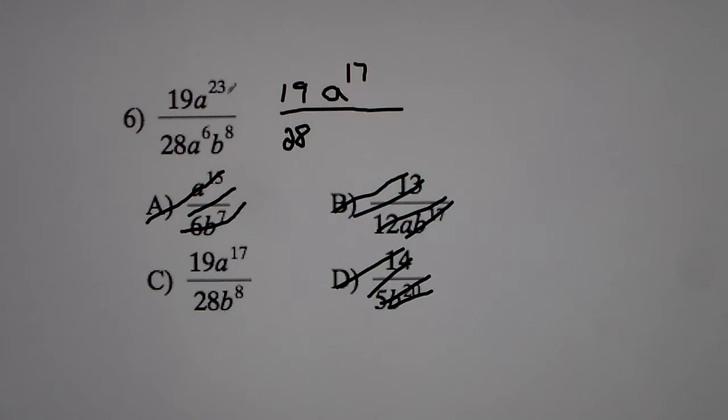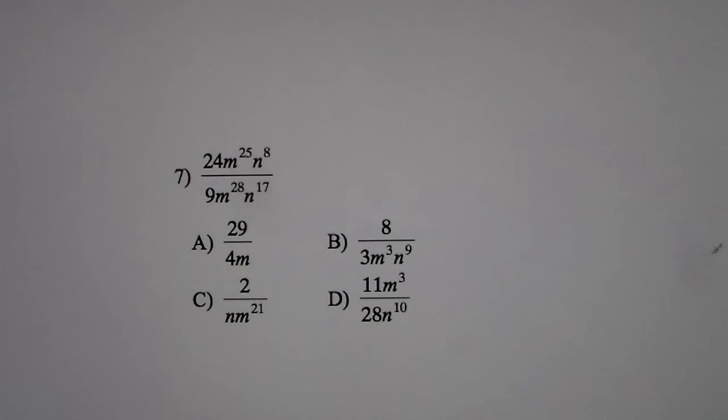Now b, well, there's no other b there, so you just rewrite the b to the 8th power. We don't have to do any moving because it's a positive, not a negative. Don't forget from the previous lesson, if there are negative powers, you can move them, either from bottom to top or top to bottom, to get rid of that negative. Looking at problem number 7.